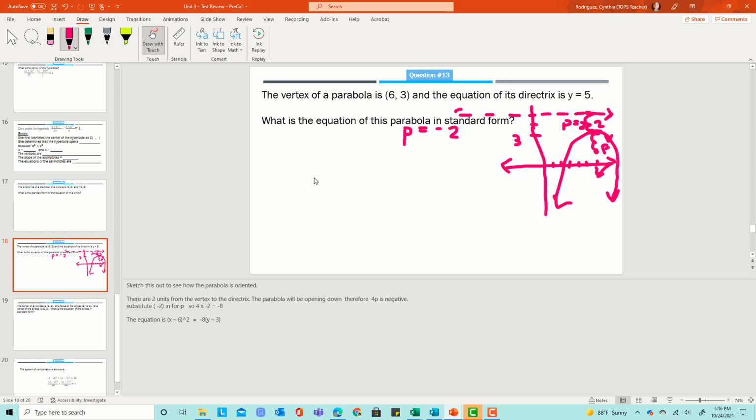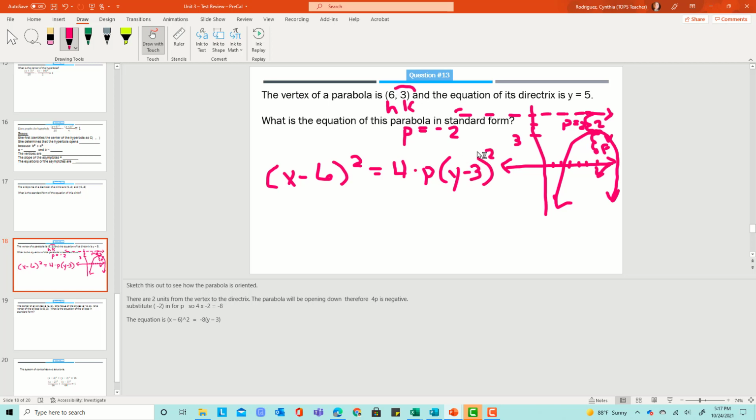All right, so for the equation, we're going to take h and k here, plug it into the equation for a parabola. X minus h squared equals 4 times p times y minus k, and k is 3.